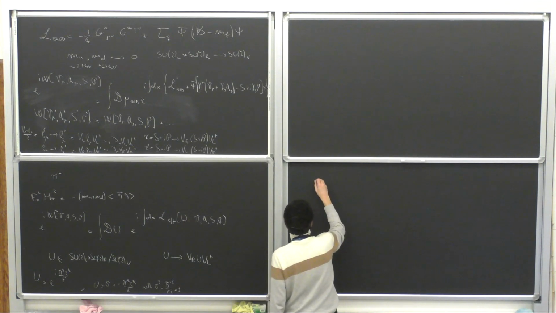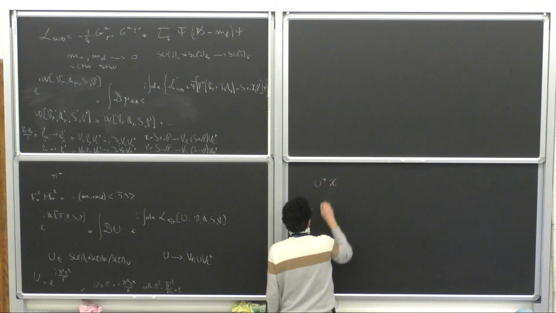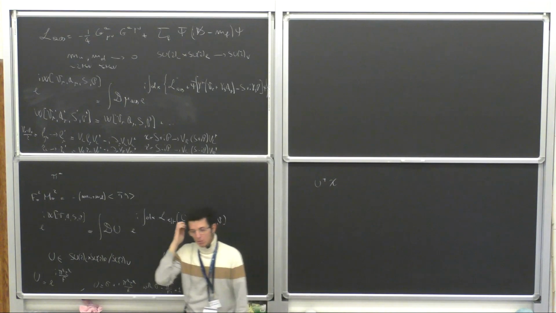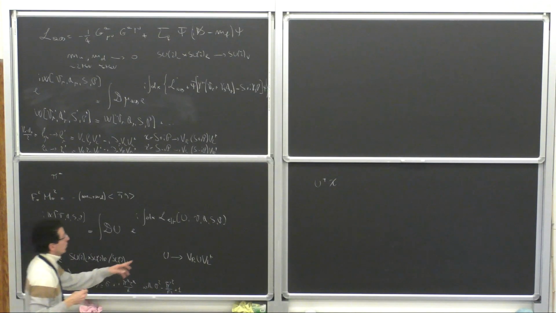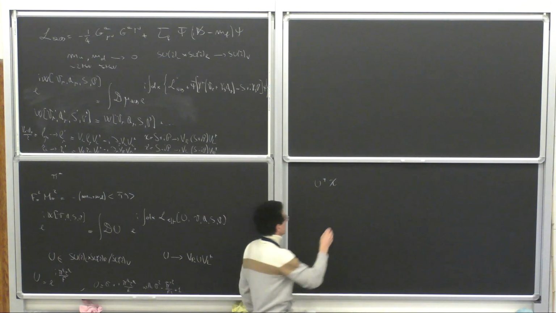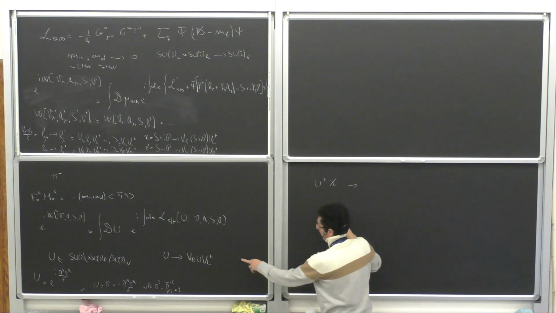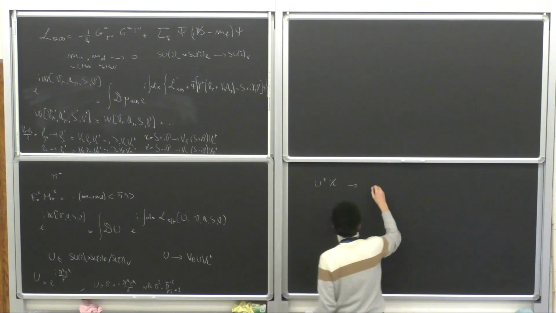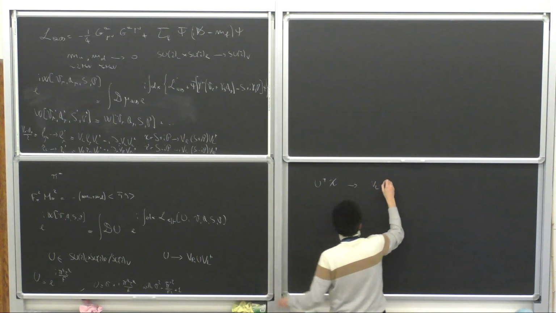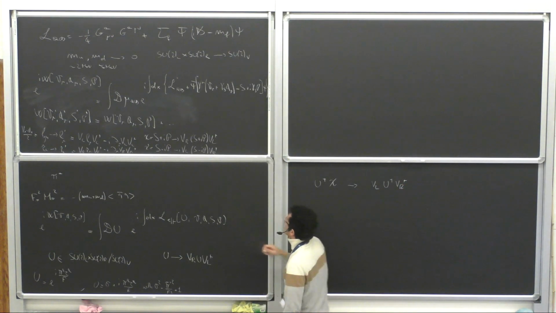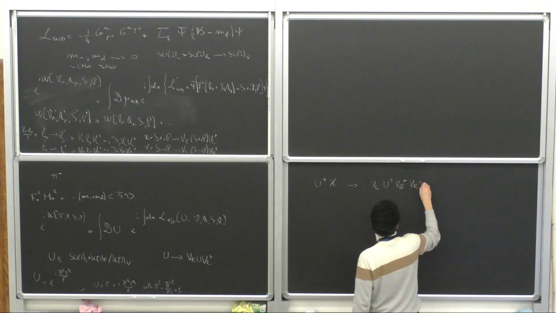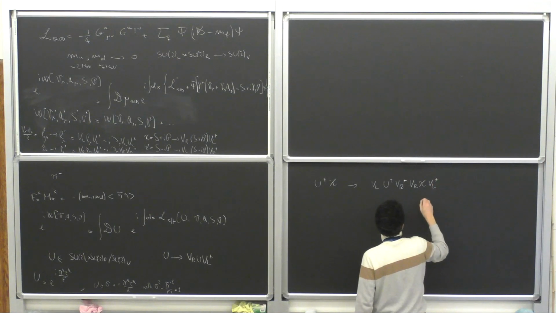So for instance, if we take the multiplication of these two 2x2 matrices, U dagger chi, this transforms in this way. U dagger transforms like VL U dagger VR dagger, and then chi transforms like VR chi VL dagger.